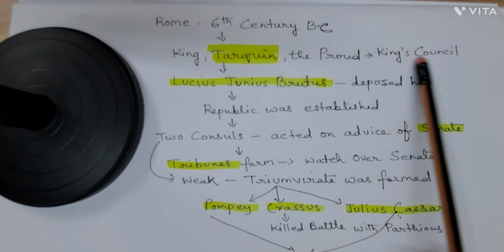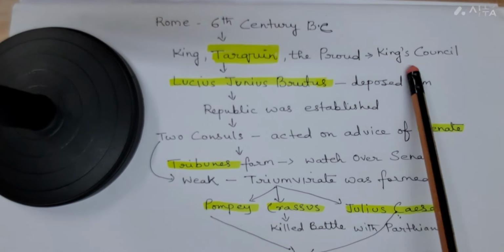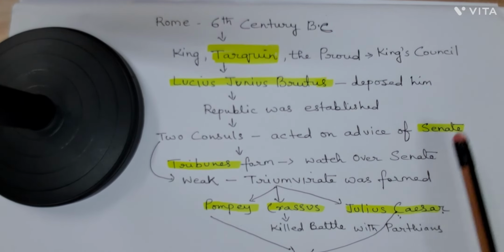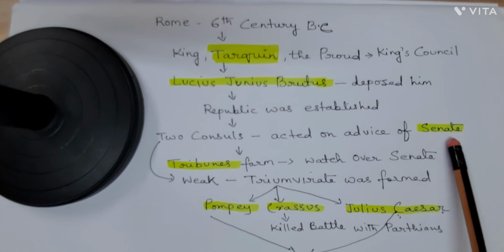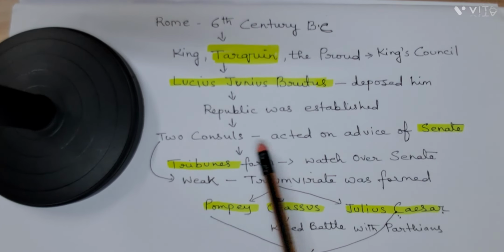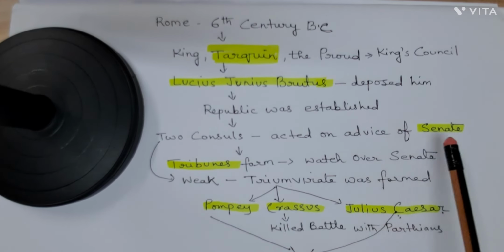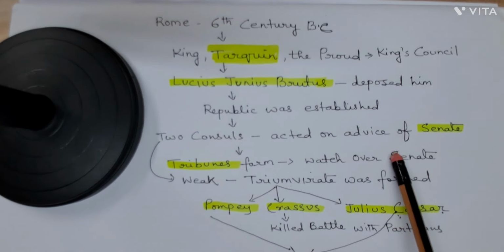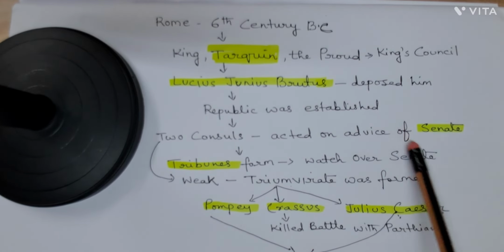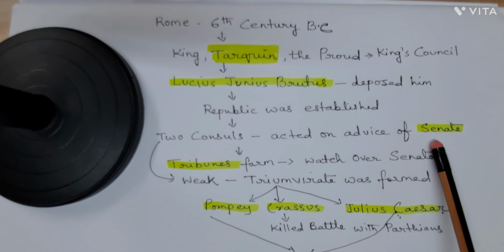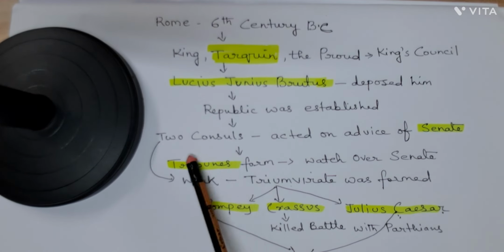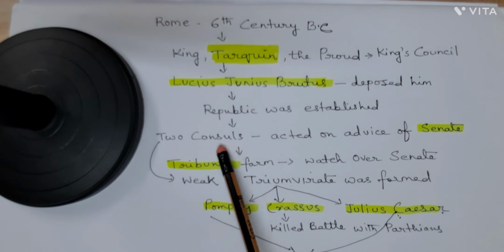This king's council was also dissolved and a senate was formed. Now these two consuls acted on the advice of the senate. If you imagine our democracy, this senate house is sort of a parliament, and these two consuls you can say are like prime minister and president.